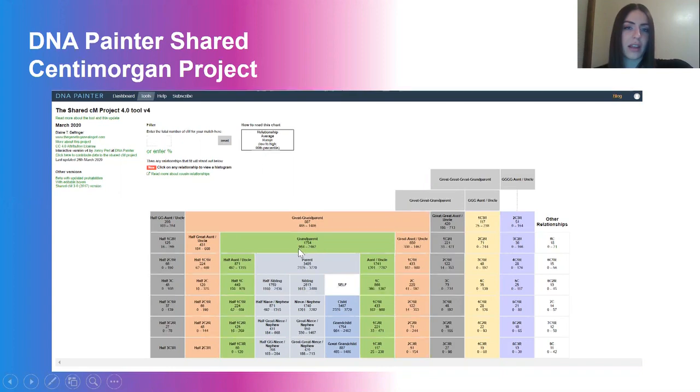With a grandparent, here's the range, and you can see the range on all of them. And so you can enter in the amount of shared centimorgans you have with someone at this box right here, and it will tell you the relationship possibilities based on probability. So we're going to use my second cousin 3 times removed as an example.